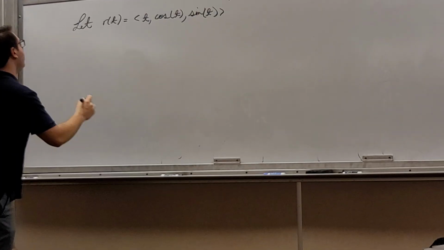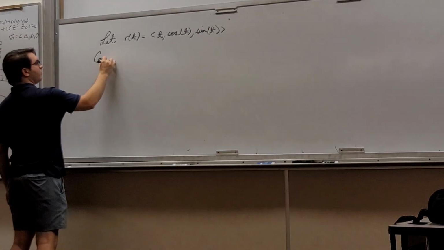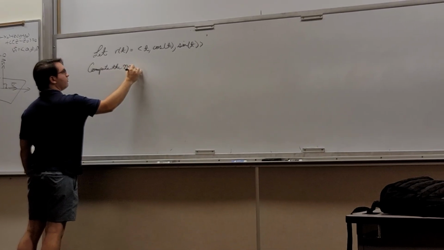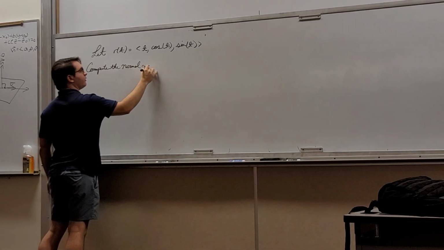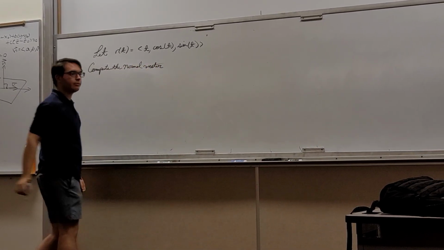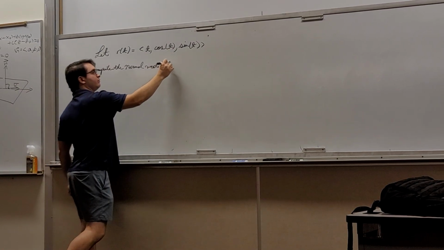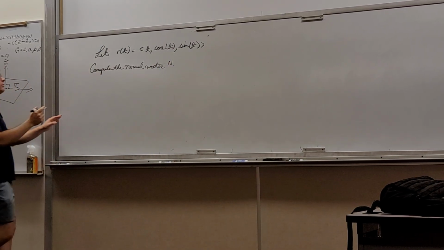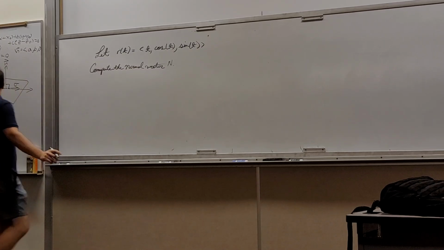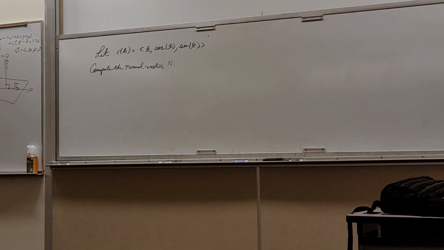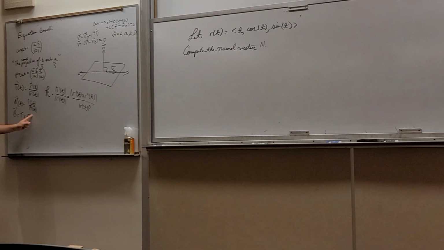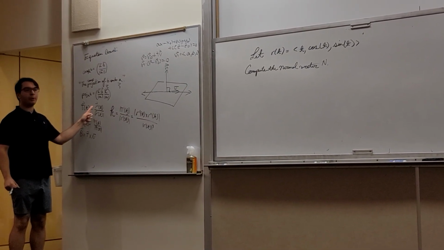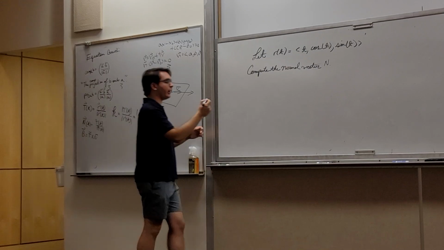Then I need to compute T prime and its magnitude. To find T prime, I need T. To get T, I need r prime and its magnitude. So let's find r prime.